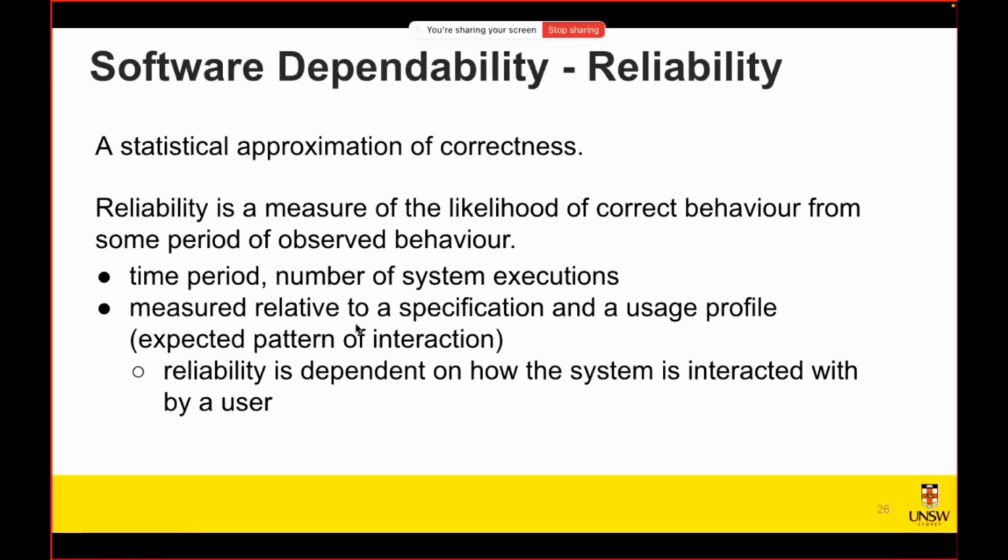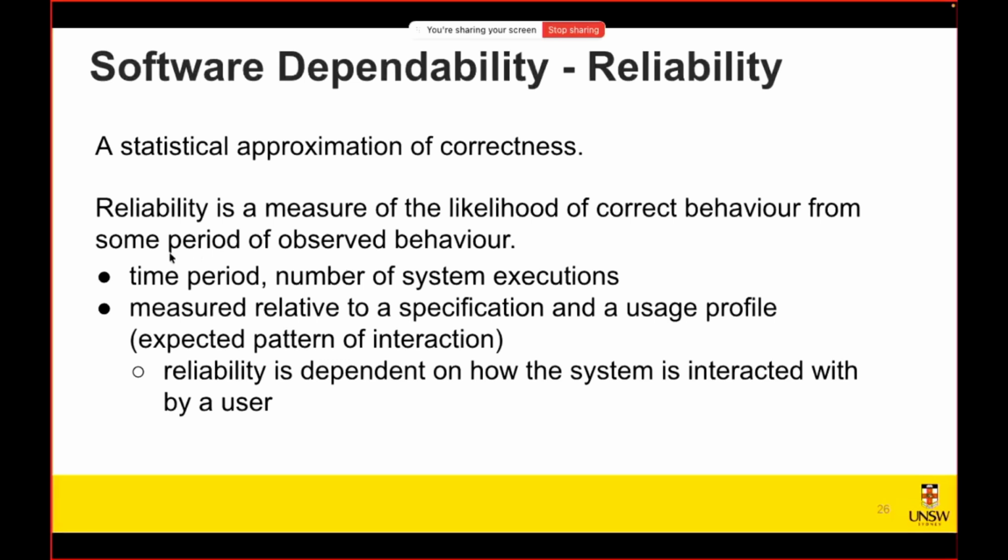And this is also measured relative to a usage profile. Because correctness only deals with the specifications, but for reliability, since we are observing it for a period of time, the usage is not controlled.